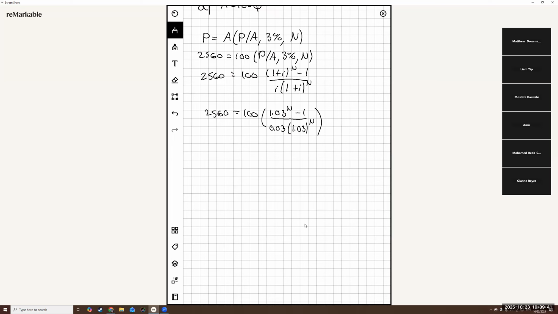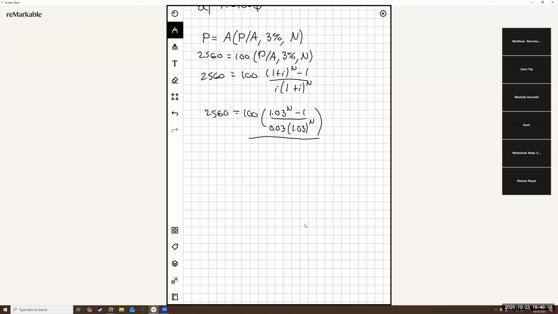You do the calculation on this side, and you see which value gives you 2,560. So, no, you cannot use logarithms to solve for this. Logarithm is if you only had 1 plus i to the power of n without a fraction, but this requires some more work.